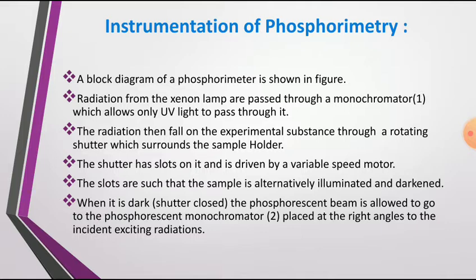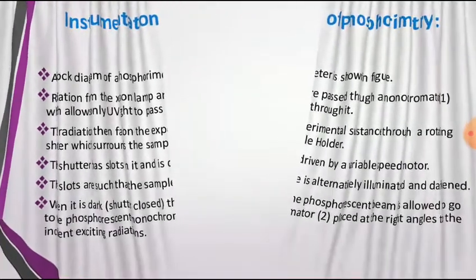That means the entry shutter closes. At that time the UV light has already gone inside the sample cell. The sample molecules in the sample solution absorb that UV light and emit a phosphorescent beam, which reaches monochromator 2, kept at right angles to the incident exciting radiation.